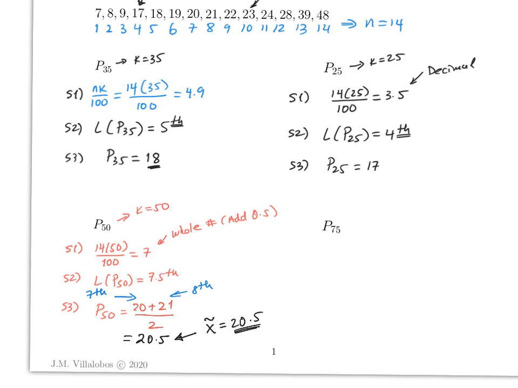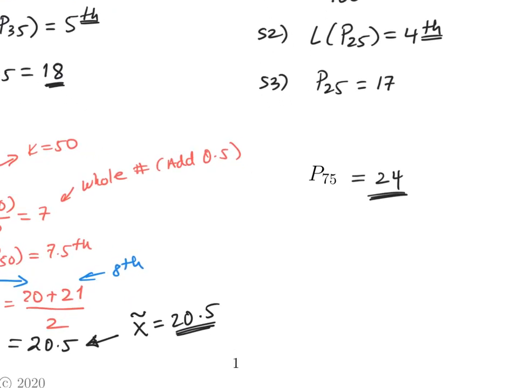Okay? Now finally, and you should check this on your own, this one is going to be 24. How? Well, remember, for step 1, we need 14 times 75 divided by 100, which is 10.5, which is a decimal.